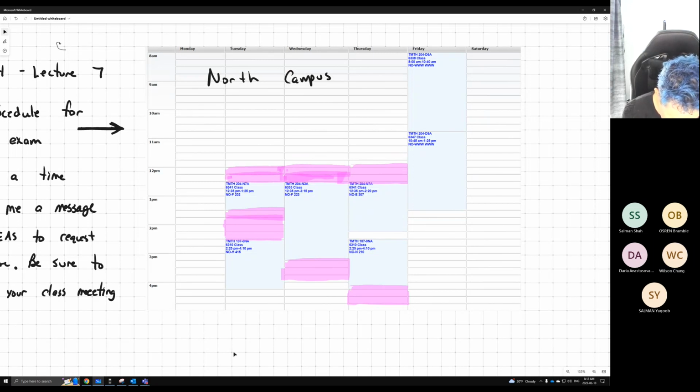These time blocks right here are all 12 noon to 12:35. So Tuesday, Wednesday, and Thursday, 12 until 12:35. So those are time blocks that are available to you to come pick up your exam.